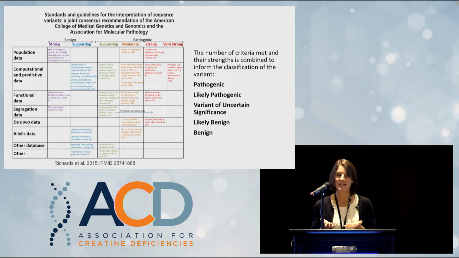And all of that data together will end up with a final classification of either pathogenic, meaning we have high confidence that that variant is causing disease, likely pathogenic, a variant of uncertain significance, which we don't know either way, or likely benign or benign, meaning that that variant has no clinical impact.